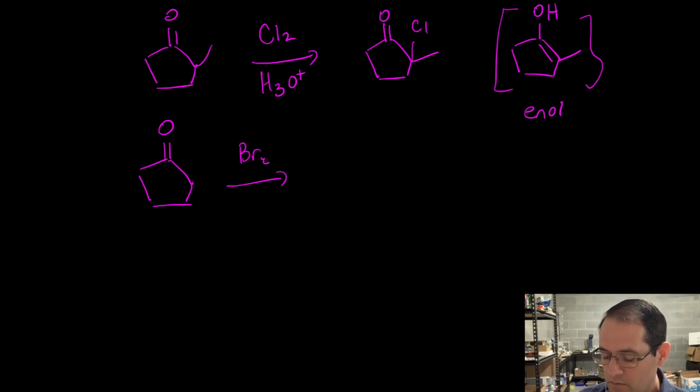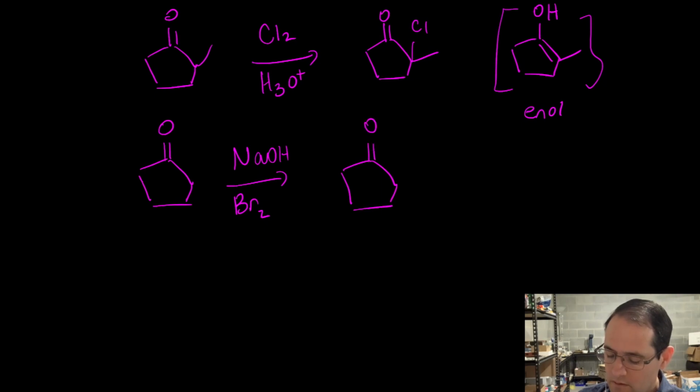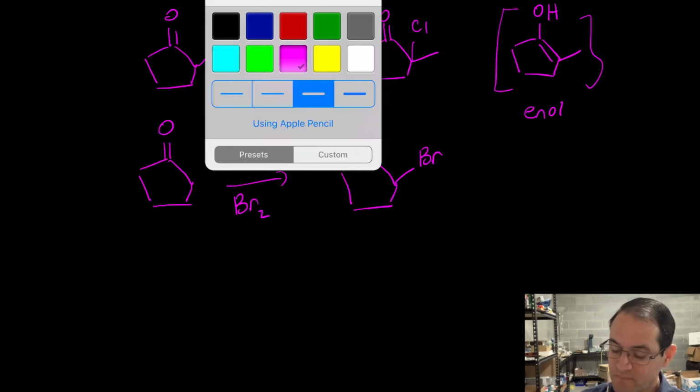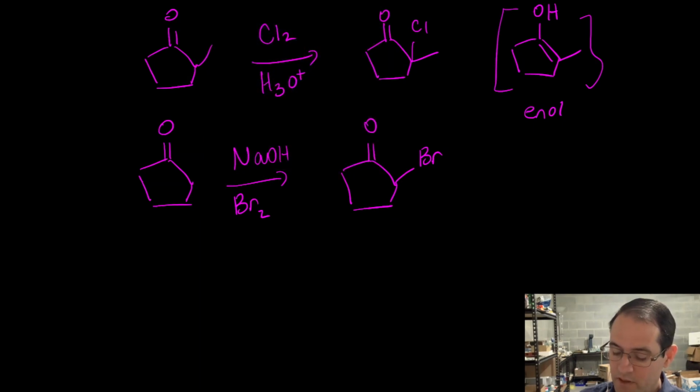Let's do bromine and sodium hydroxide. We usually put the NaOH up on top, the bromine down on the bottom. Anyways, these will give you this guy here. Now let me show you how the mechanism works. In the first step, you're going to have hydroxide deprotonating and giving you the enolate.